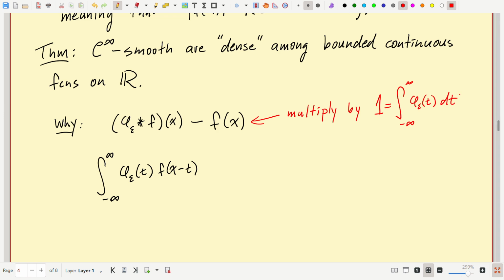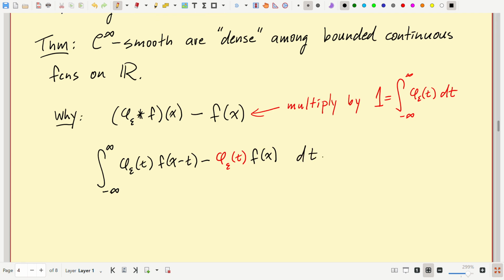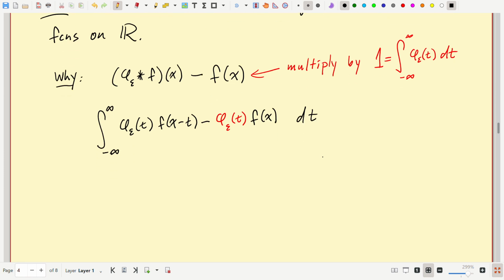And when I do that, I would get here minus, I'd get the phi epsilon of t here, and instead of f of x minus t, I get f of x, and I'm integrating with respect to t. And now you think, this looks familiar.